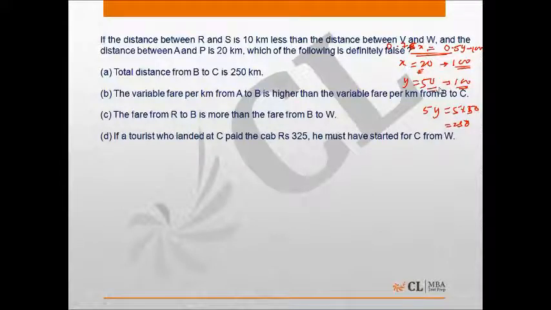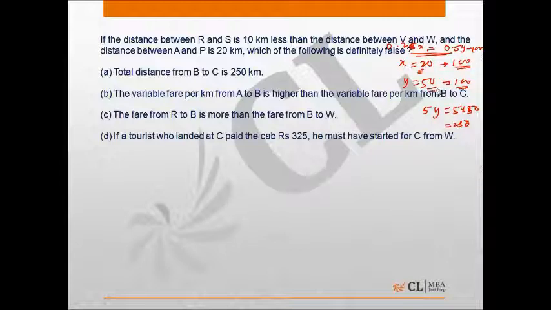Now come to the next option. The fare from R to B is more than the fare from B to W. Similarly, we can check this option also, and we get that the fare from R to B is more than the fare from B to W, and this statement is also true.